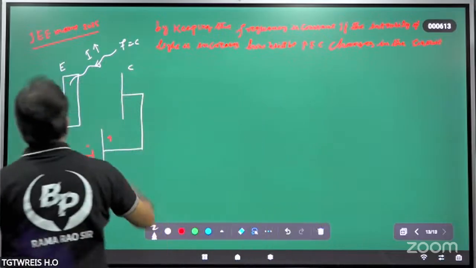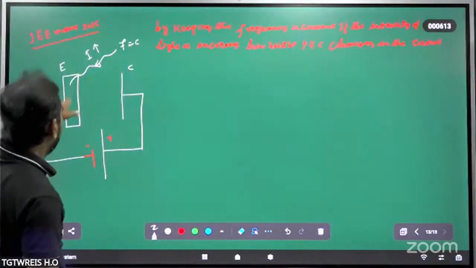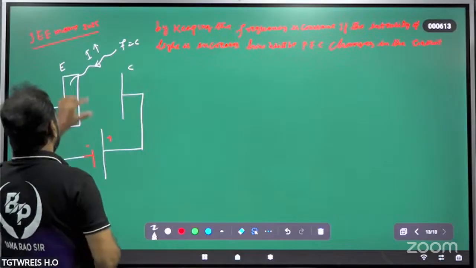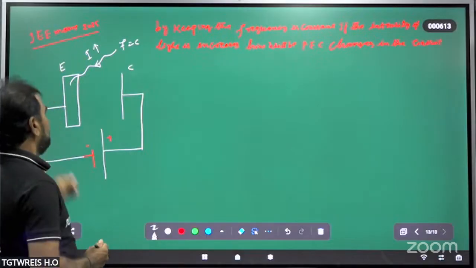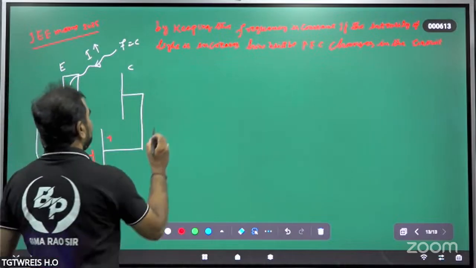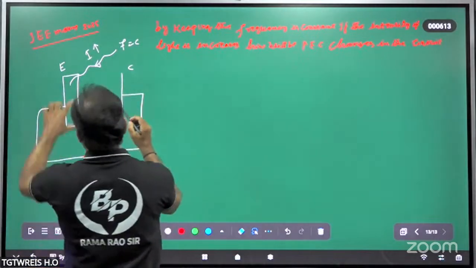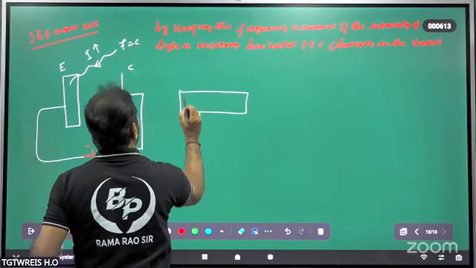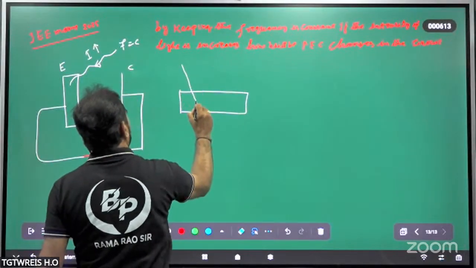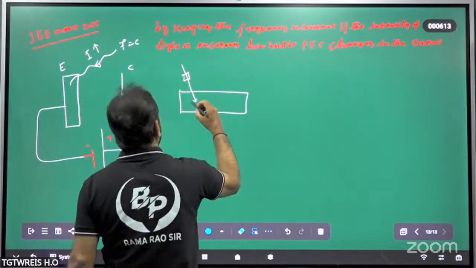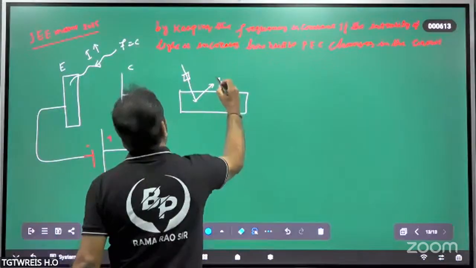Yes, see, by keeping the frequency constant, if the intensity of light is increased, how would the photoelectric current change? This light, the electromagnetic wave, has so many photons. When one photon of energy E is incident, one electron is emitted.